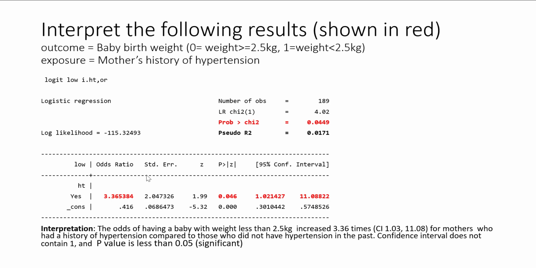So this is a Stata output. Now you can see, like I told you, the outcome is binary. So now the exposure, that's the independent variable, is the mother's history of hypertension. Now we're trying to predict whether the baby's birth weight will be above 2.5 kg, or whether it will be less than 2.5 kg. Okay.